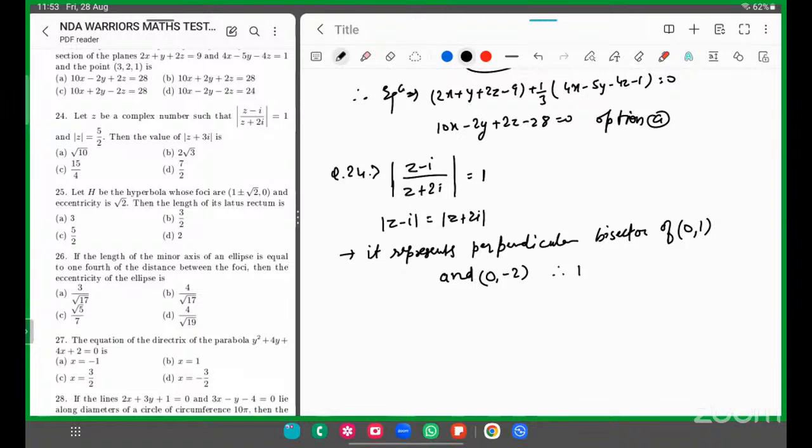So the imaginary part of z is also equal to minus 1 by 2. Imaginary part of z is equal to y.